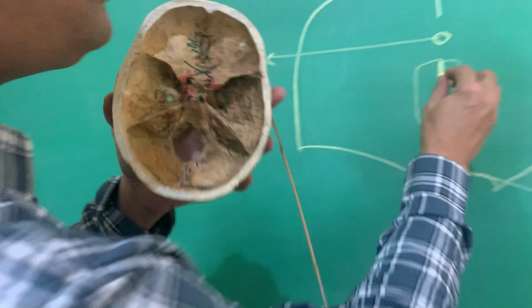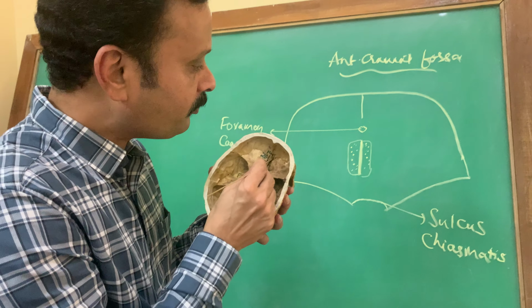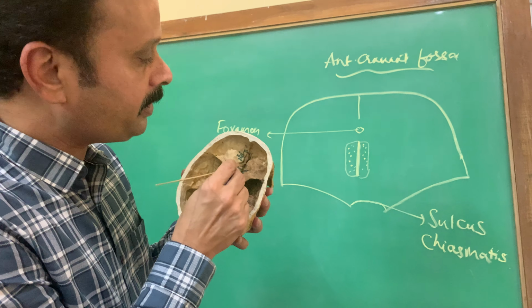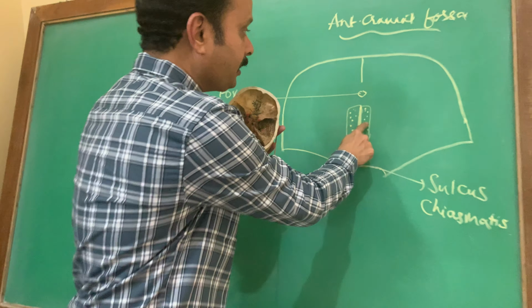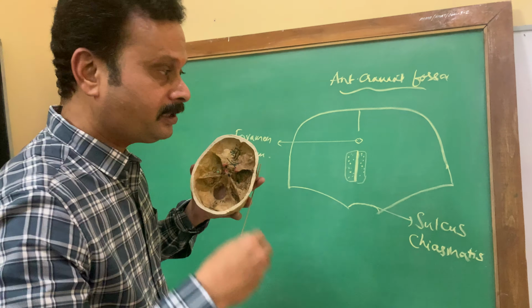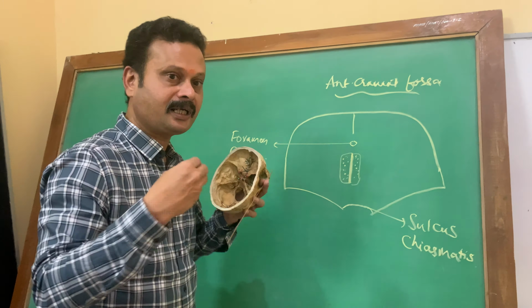So it consists of numerous foramens in it, which makes it cribriform in nature. So, the cribriform plate of the ethmoid bone contains numerous foramens. These foramens transmit the corresponding ethmoidal nerves and vessels.